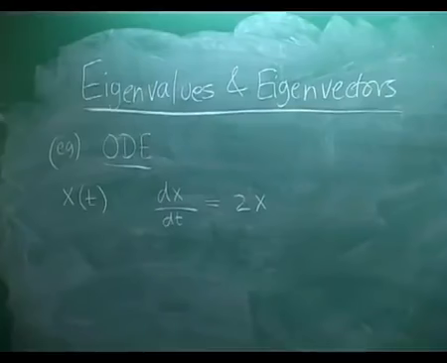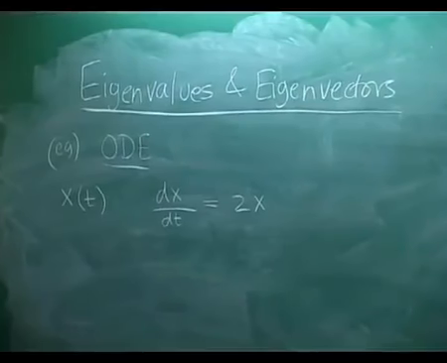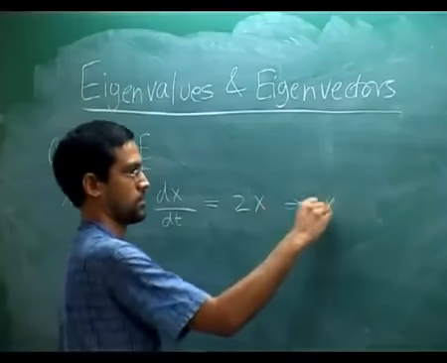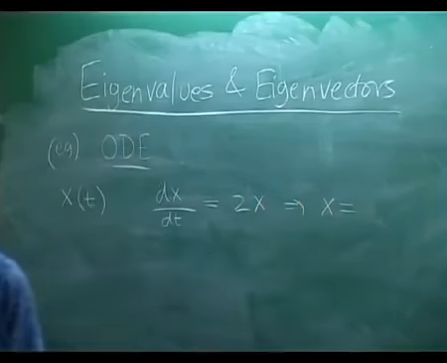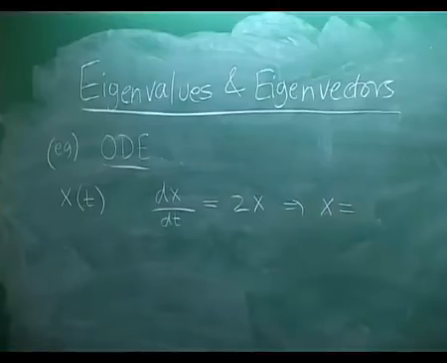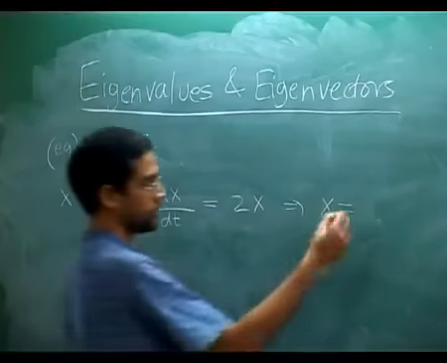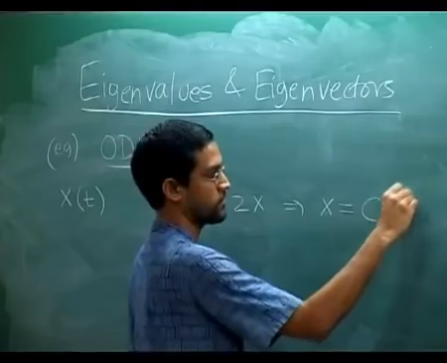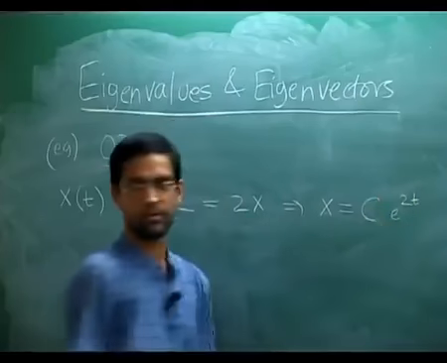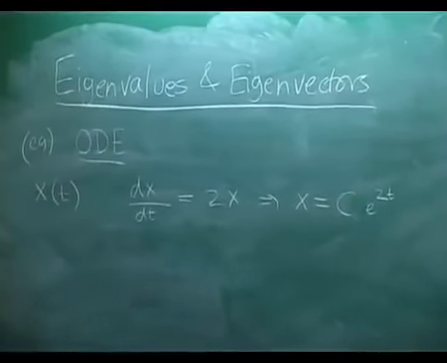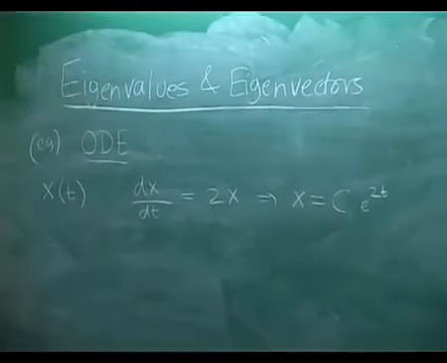Linear first order equation. Now, what is the solution to this? e to the 2t, right? Of course, times some possible constant in front, which you can determine from initial conditions. So that's the solution to this differential equation.